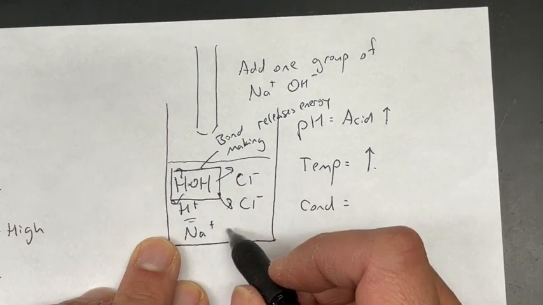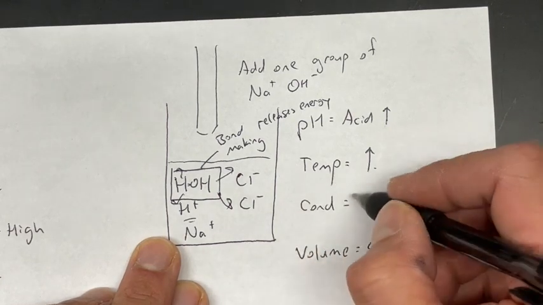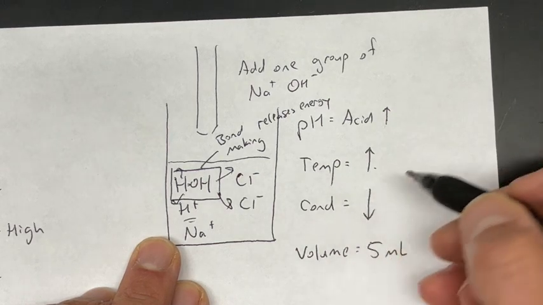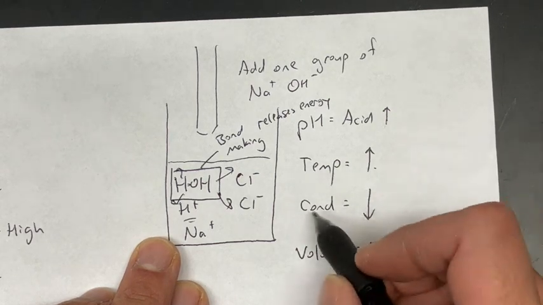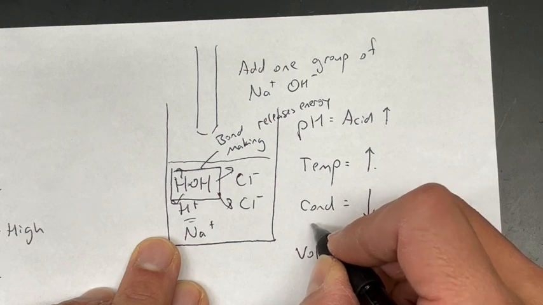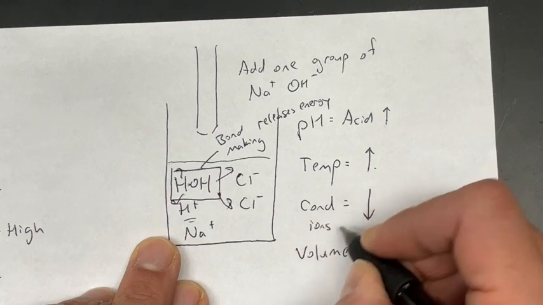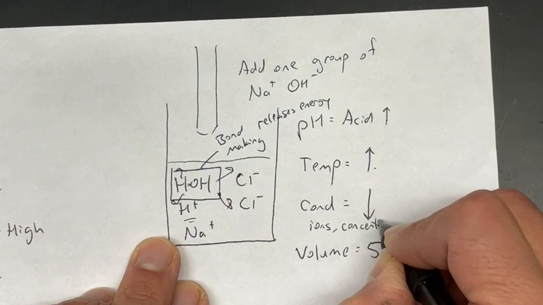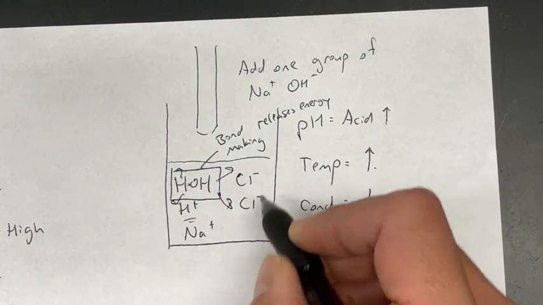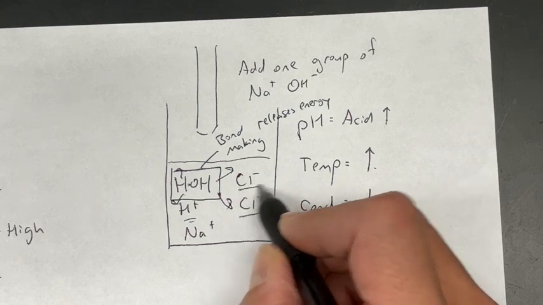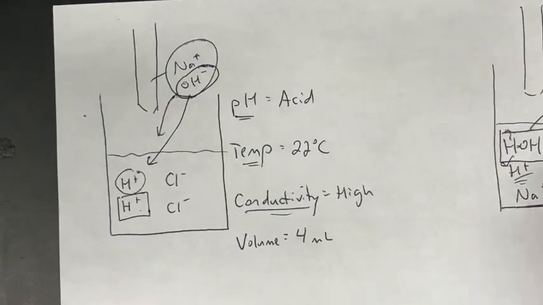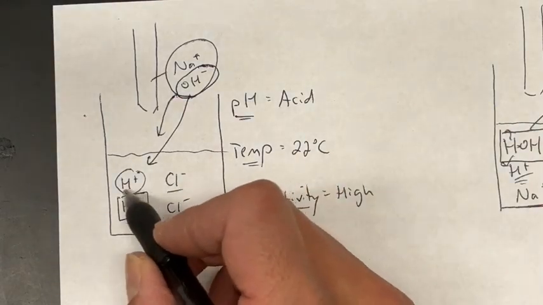Well, conductivity, what happened there? Well, in our lab, that went down. And let's take a look and see why that is. So conductivity deals with ions, but it deals with the concentration of ions. So if I look at this first picture, I have 1, 2, 3, 4 ions here.